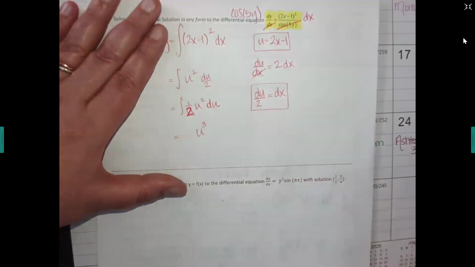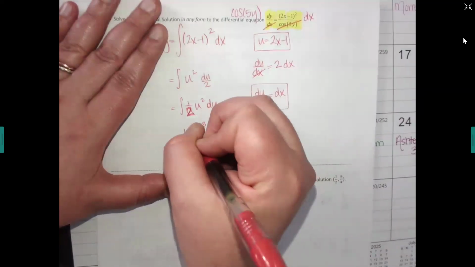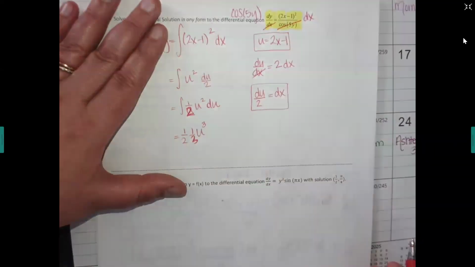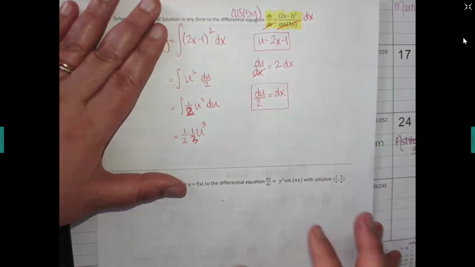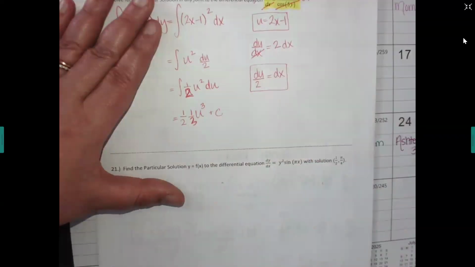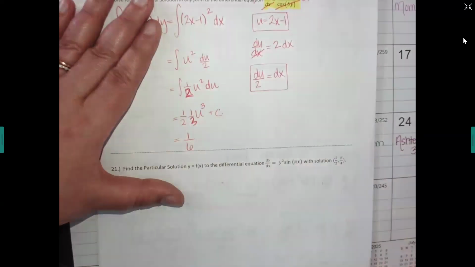And then after I add 1, I have to divide that on what's already in the front. So I need to divide by 3, but I already have a 1/2. Well, then I want 1/2 of a 1/3. And what do I do with those fractions side by side? Multiply straight across the top, straight across the bottom. So 1 times 1 is 1, 2 times 3 is 6.